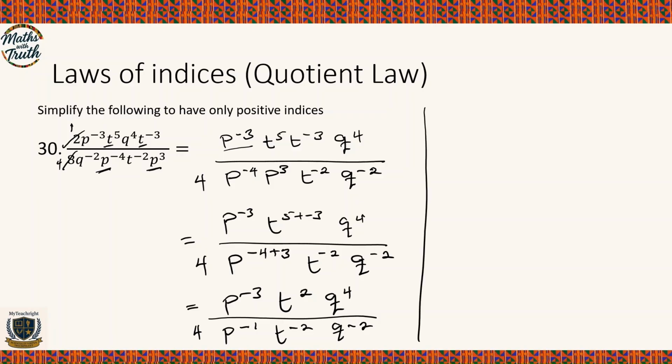Okay, now we can apply the quotient law of indices. Yeah, so we have p exponent -3 minus -1, t exponent 2 minus -2, q exponent 4 minus -2 divided by 4.